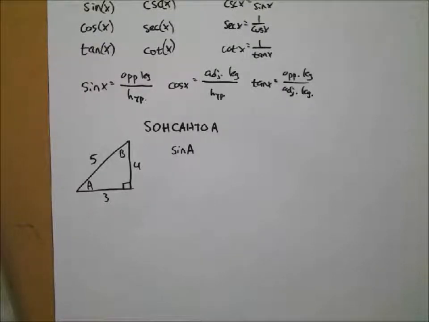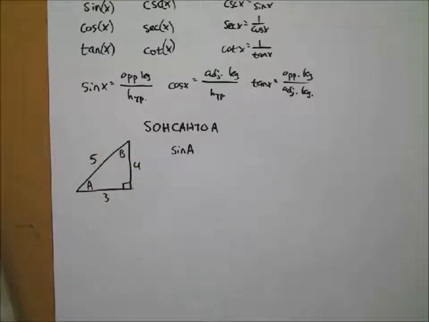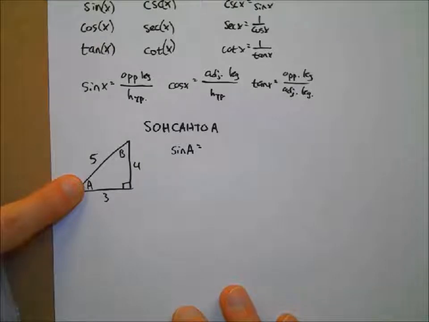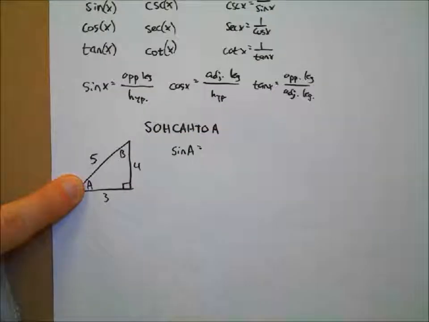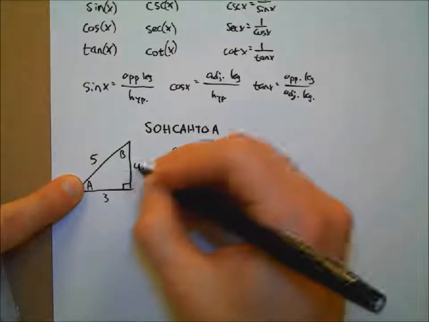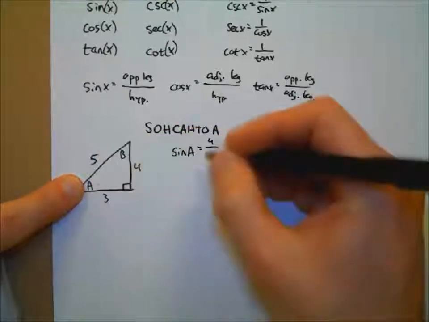Their outputs, their ranges, will be ratios. So we always input an angle into sine, and we get out a ratio. So here's angle A. What ratio of the triangle's sides will that be equal to? Opposite leg, 4, over the hypotenuse of 5.